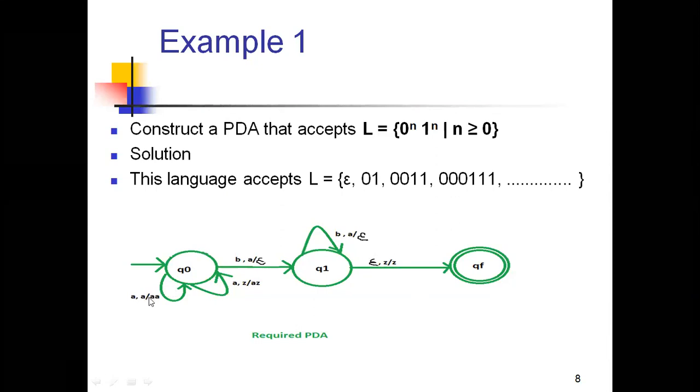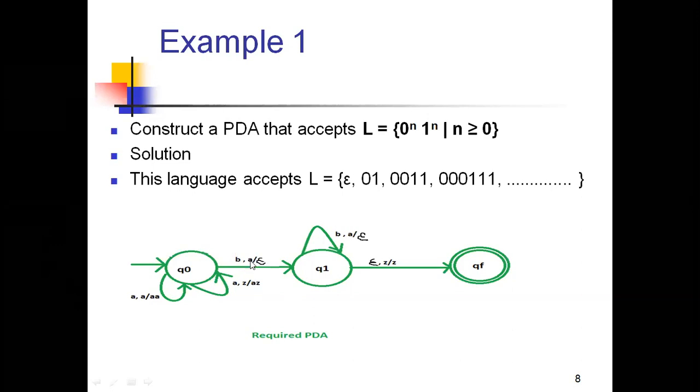Now we need to get the stack alphabets. For choosing the stack alphabets, it is the same as the inputs, nothing differs, but vice versa. Vice versa in the sense here I'm having a B, B in the sense 1.